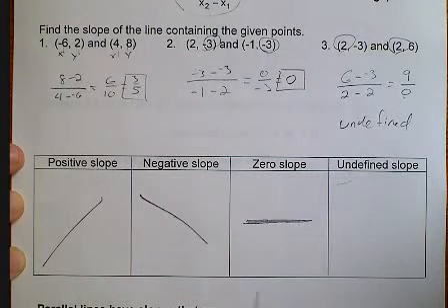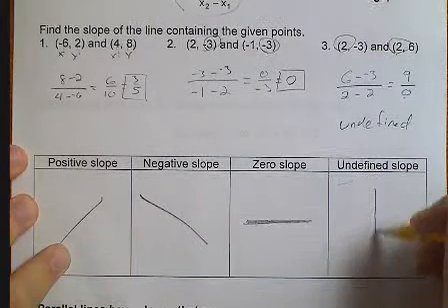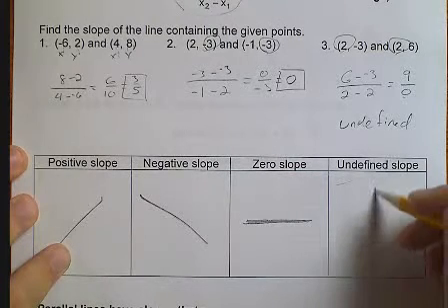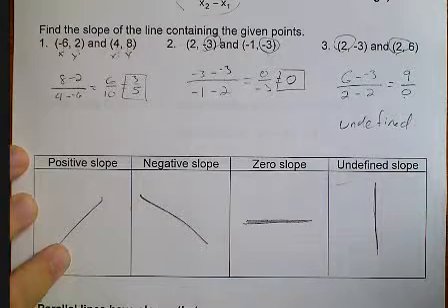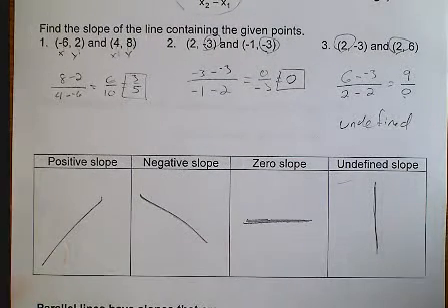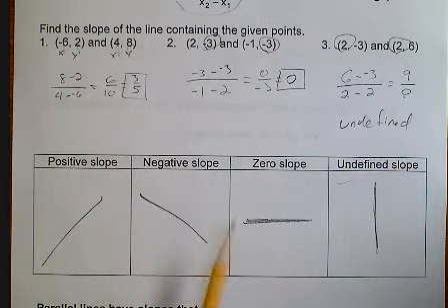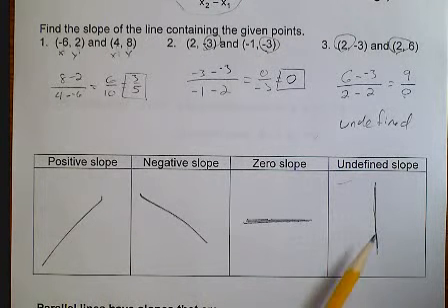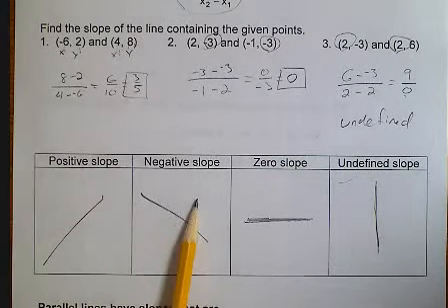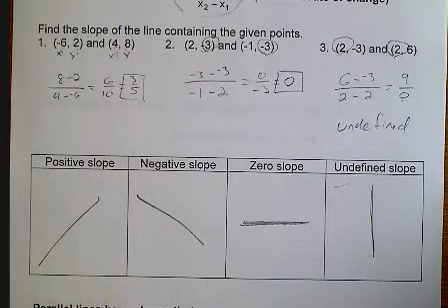An undefined slope goes straight up and down. So you should be able to look at your slopes very quickly and say positive, negative, 0, or undefined. Most importantly, you want to be able to double check positive and negative to make sure that you've drawn the slope right or that you've calculated the slope right from a graph.